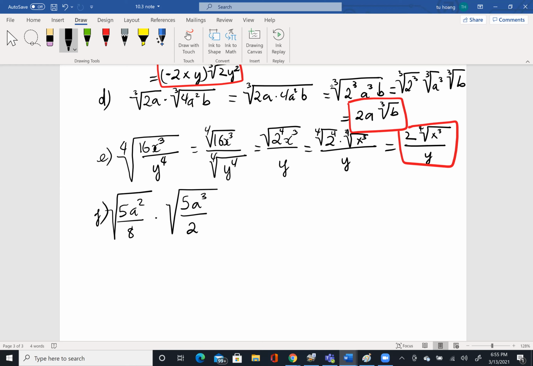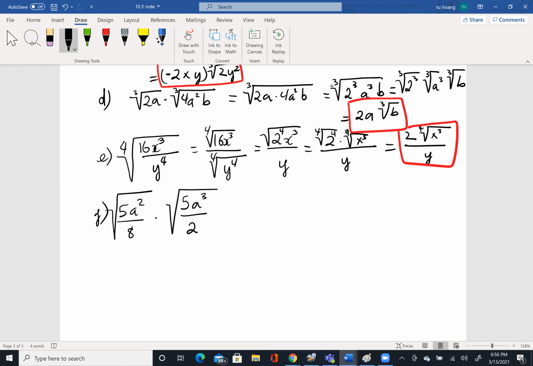I know that you may think, oh, you can cancel out a for this one, but remember, in that case you're going to have an absolute value of a for the first radical. I would not recommend that way.